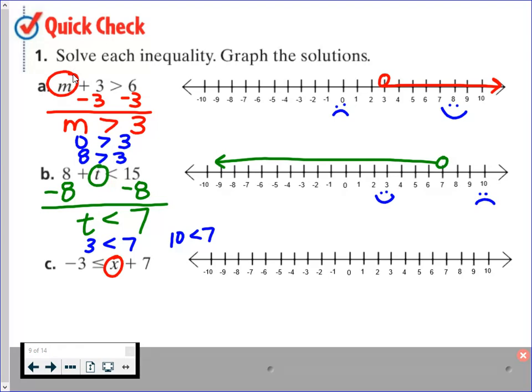I see plus 7. I should subtract 7. Be careful when they both have a negative. Closed circle at negative 10. The negative ones are always a little bit trickier.